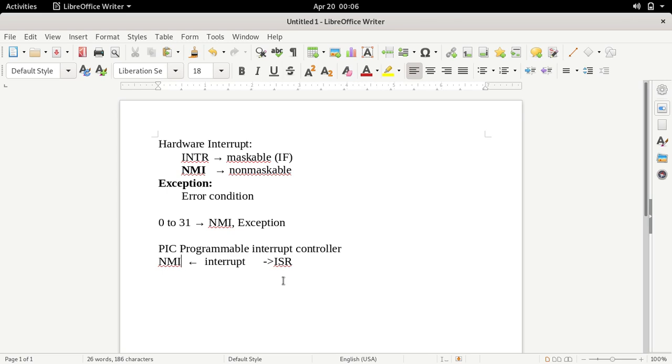Are you getting it? Yes, it is very simple. When the ISR of NMI is under execution, the 80386 will not recognize further interrupts that come on NMI. That is the meaning of this sentence.